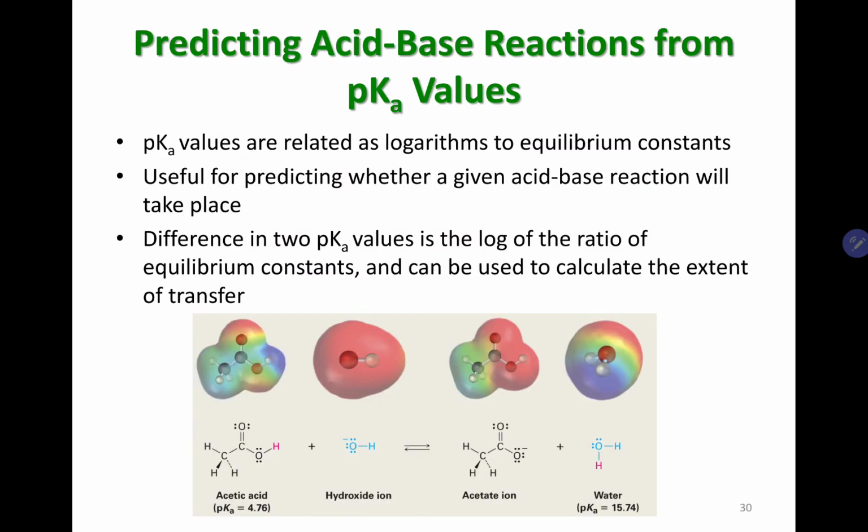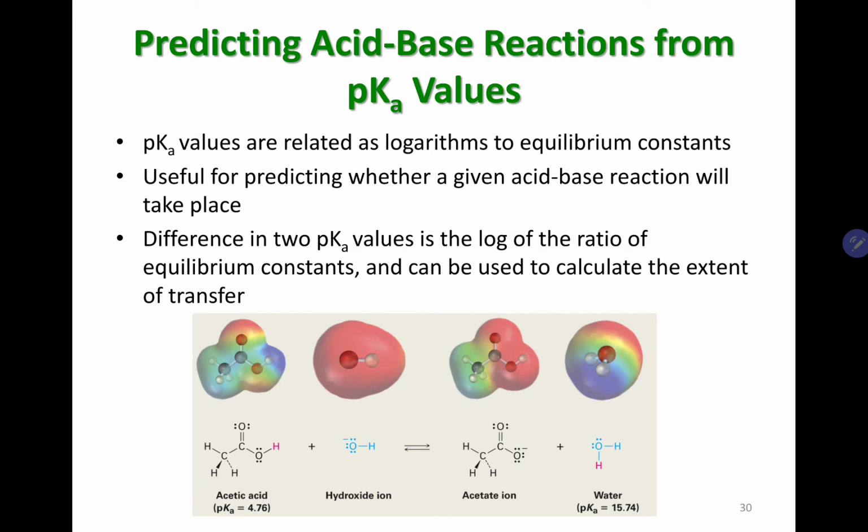Let's take a look at some other uses for these acidity constants or pKa values. One very important use of pKa values is in predicting the feasibility of a reaction. If you want to predict whether a given acid-base reaction is going to take place, you can take a look at the pKa values.